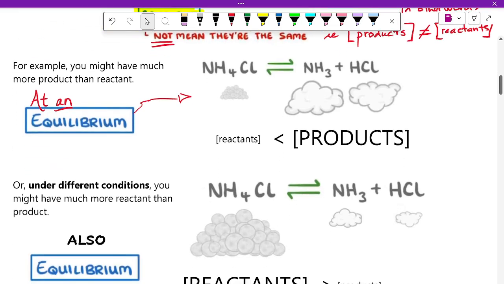Under different conditions, you might have much more reactant. This is also equilibrium. This is a different equilibrium. But in both cases, the forward rate equals the reverse rate.